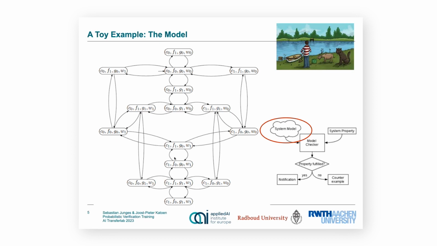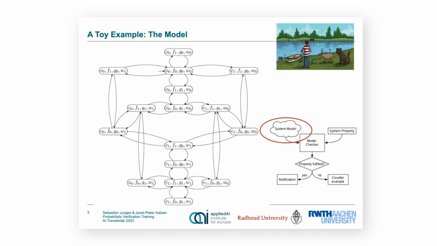That's the state that you see in the middle. I don't know, my mouse doesn't work apparently. And then what can happen is, for instance, from the initial state you can go to the right. And that means that the ferryman takes the cabbage and brings it to the other side of the riverbank, and so forth and so forth.